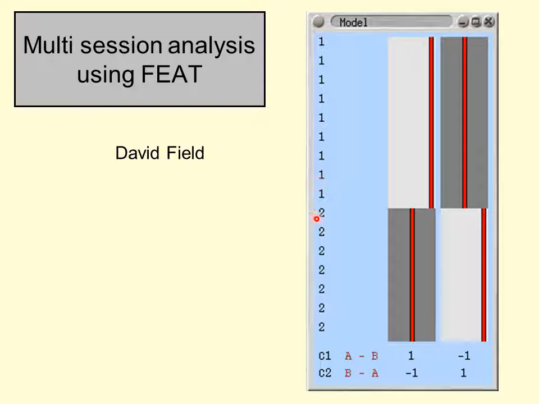First, you don't see any red bar indicating the duration of the high pass filter, because that's no longer applicable, because you're no longer modelling time, you're modelling participant variation. And the second is that you don't need to convolve your explanatory variables with any model of the hemodynamic response and its delays and blurring at the second level, because that was already taken into account at the first level.